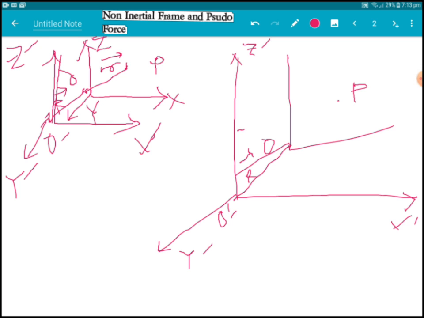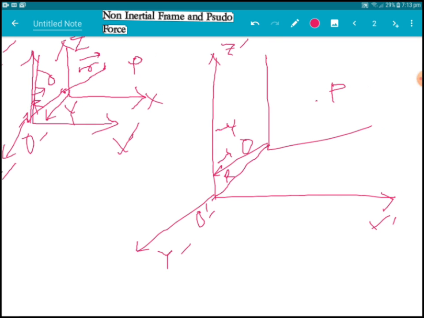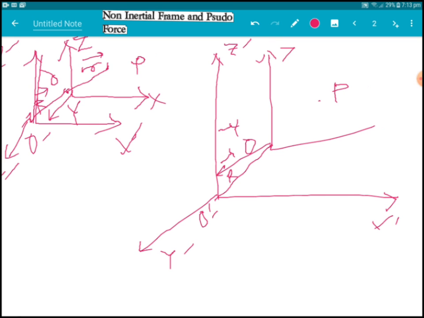And this is y, this is z, this is x. The position vector of the point P with respect to O is small r, and the position vector of point P with respect to O dash is R dashed.